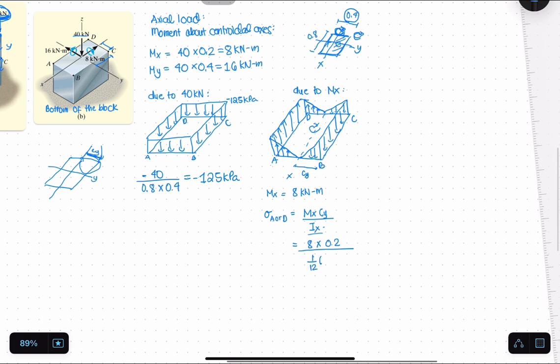So, magiging 1/12 base. Ang base natin is 0.8. So, 0.8 times 0.4. Then, cube. Okay?